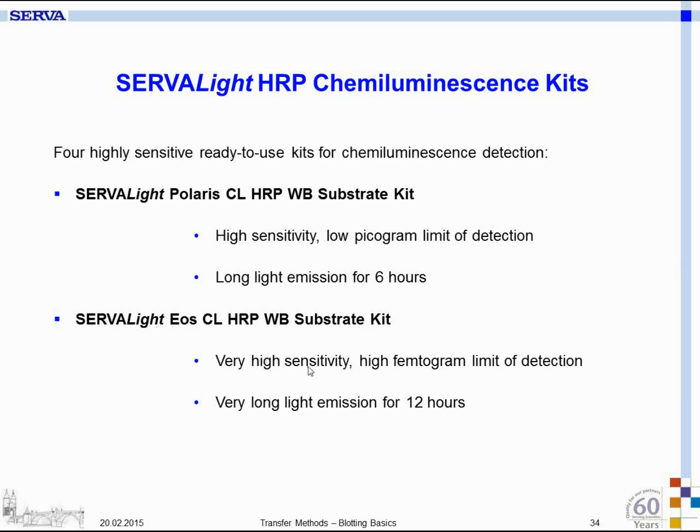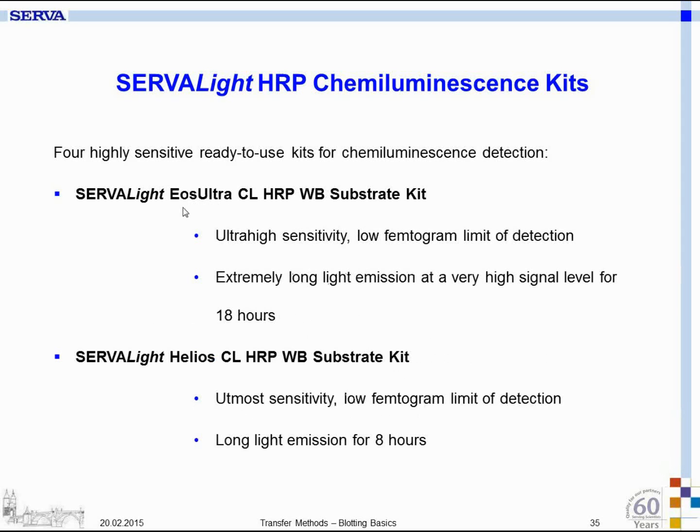There's a more sensitive one. This is the EOS, very high sensitivity. It goes down to the high femtogram limit, and you have very long emission time, up to 12 hours. The next, even more sensitive, the EOS Ultra, in the low femtogram limit of detection, and also very long emission times, up to 18 hours.